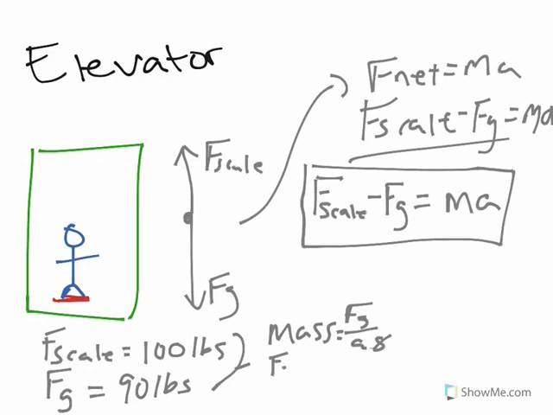To get the force of gravity and the force of the scale, multiply them by 4.45, or divide by, you know what, I'm sorry, I did the math wrong. The mass should be divided by, not 9.8, but 2.2. Got ahead of myself.